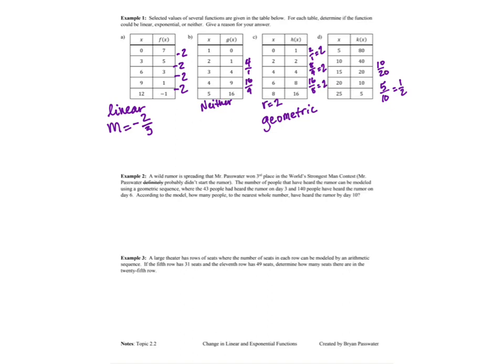How about 20 over 40? 40 over 80? Half. So we're seeing a half growth rate, or a half decay rate, or a common ratio of 1/2. So what we know is it is geometric.